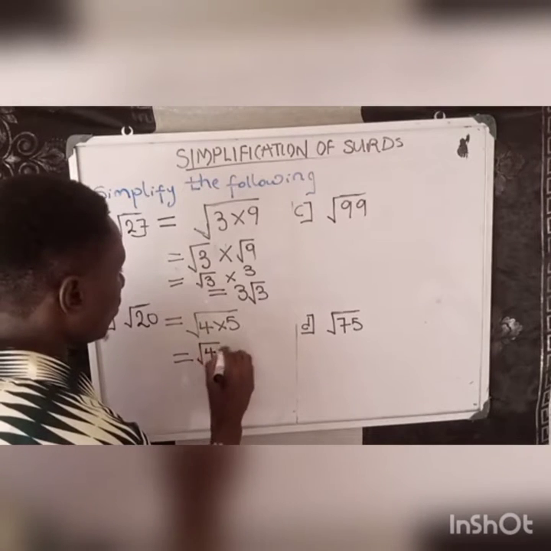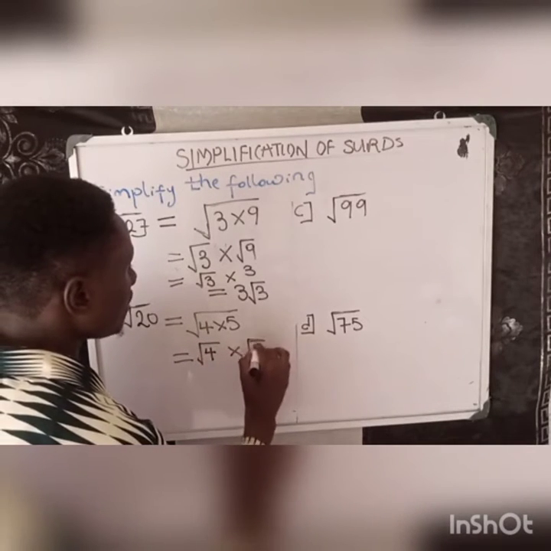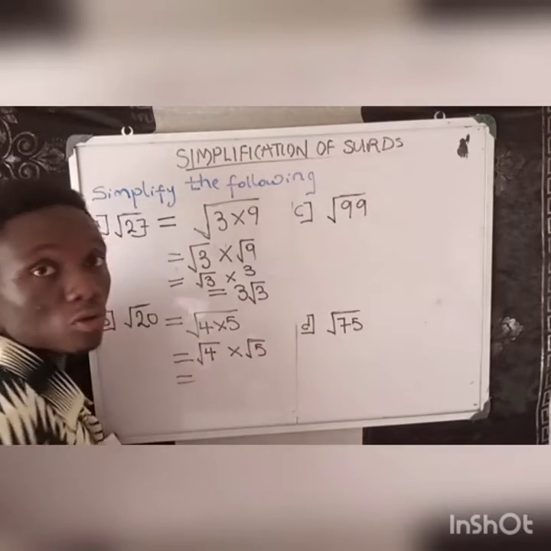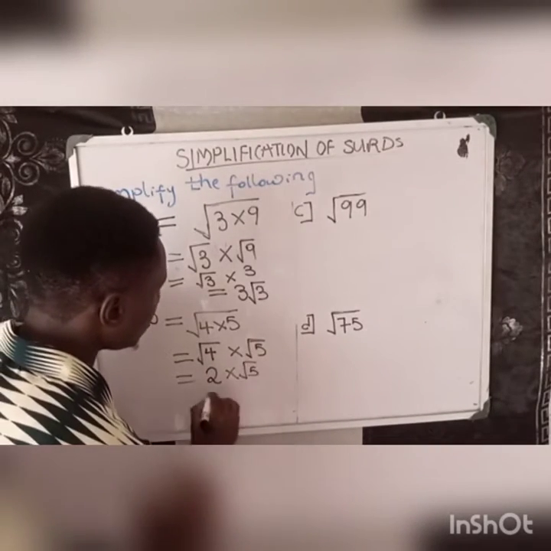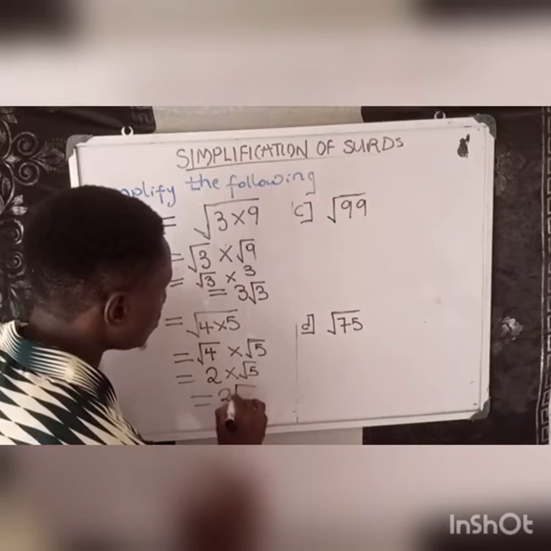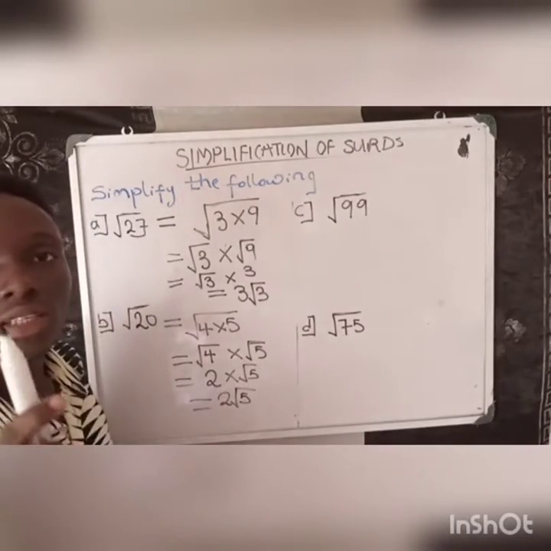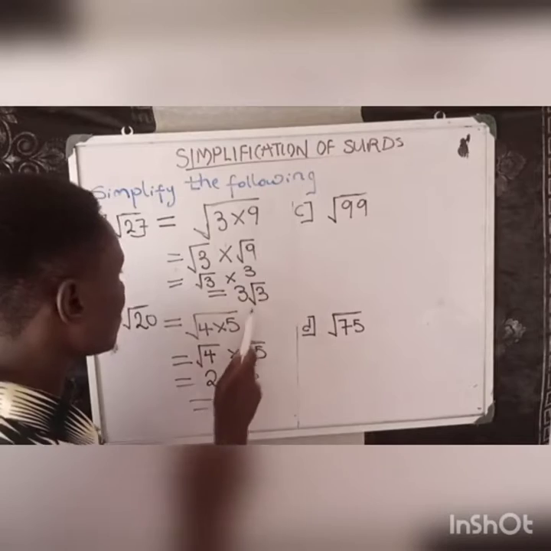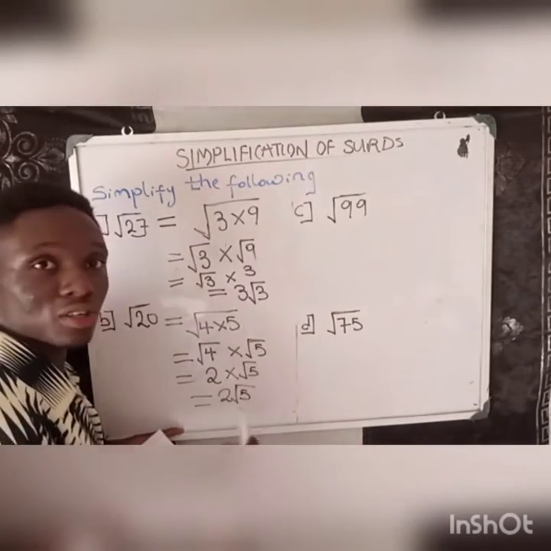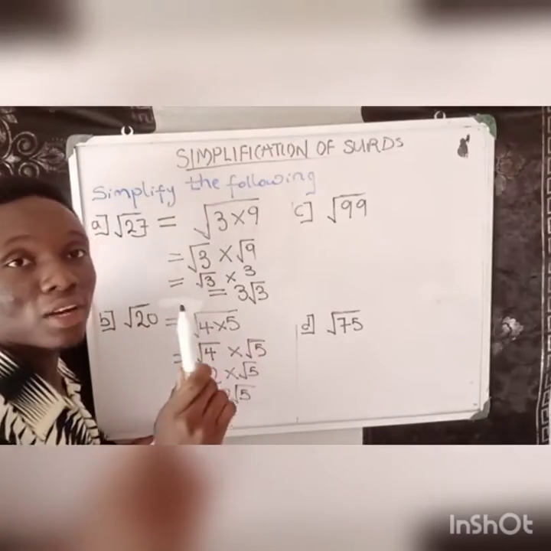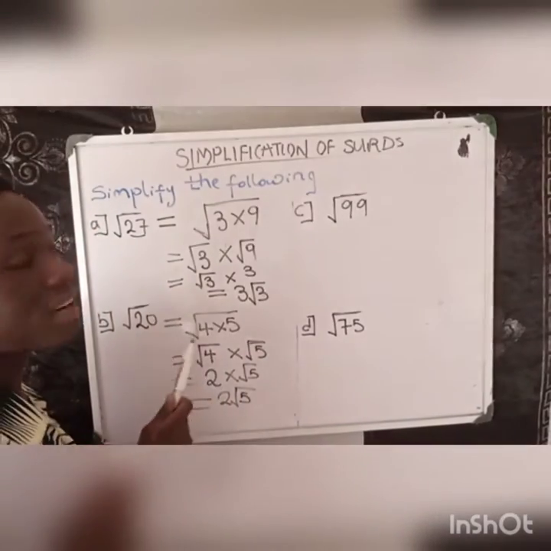This is root 4 times root 5. Square root of 4 is what? 2 times square root of 5. So this is equal to 2 root 5. Okay, notice now that in our final answers, the number inside this square root box cannot be simplified further. That is when you will know you are getting the right answer.